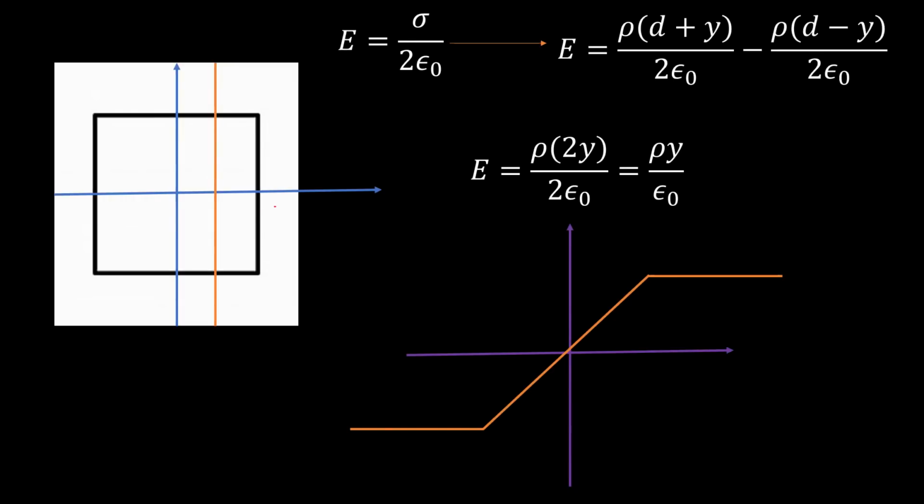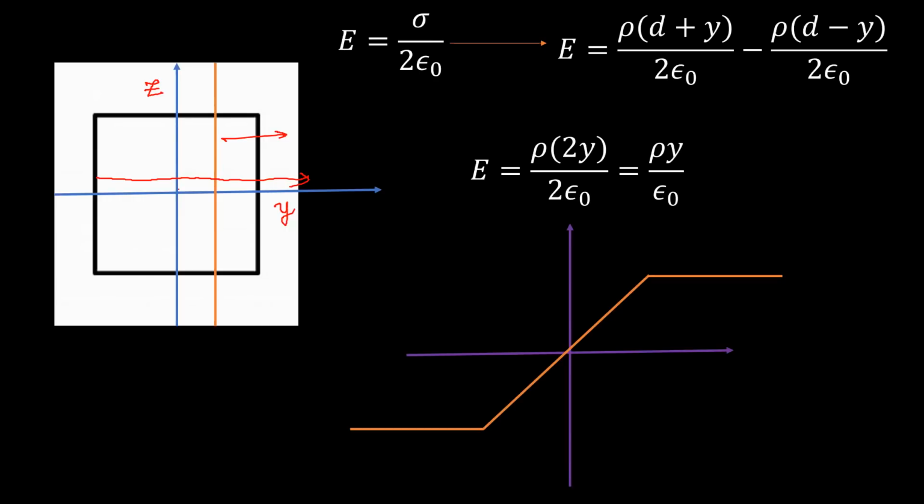Now consider the yz plane. This is y and this is z, and we are considering one line which I have shown in the orange color. What is the electric field due to the charge along the positive y direction? Along this direction, you have charge from here to here, and it is moving up to this.